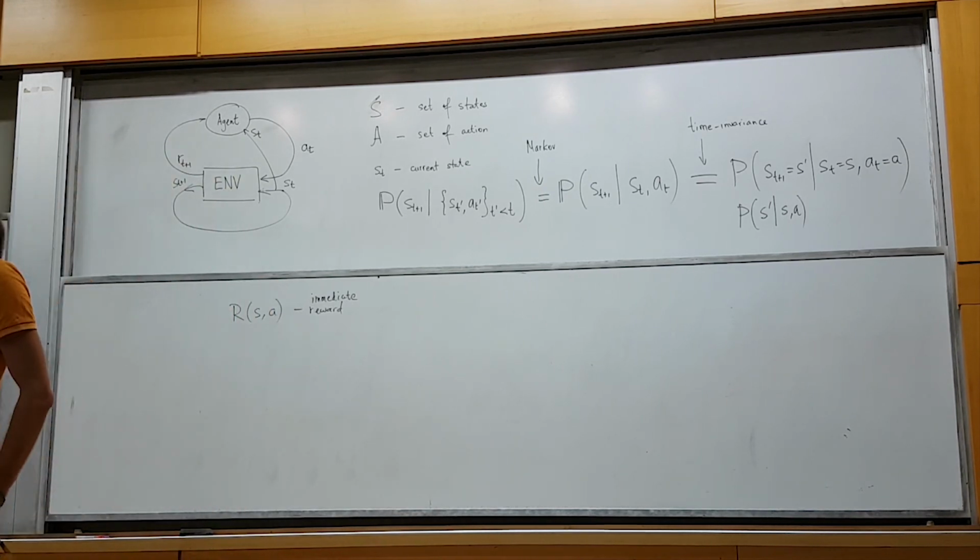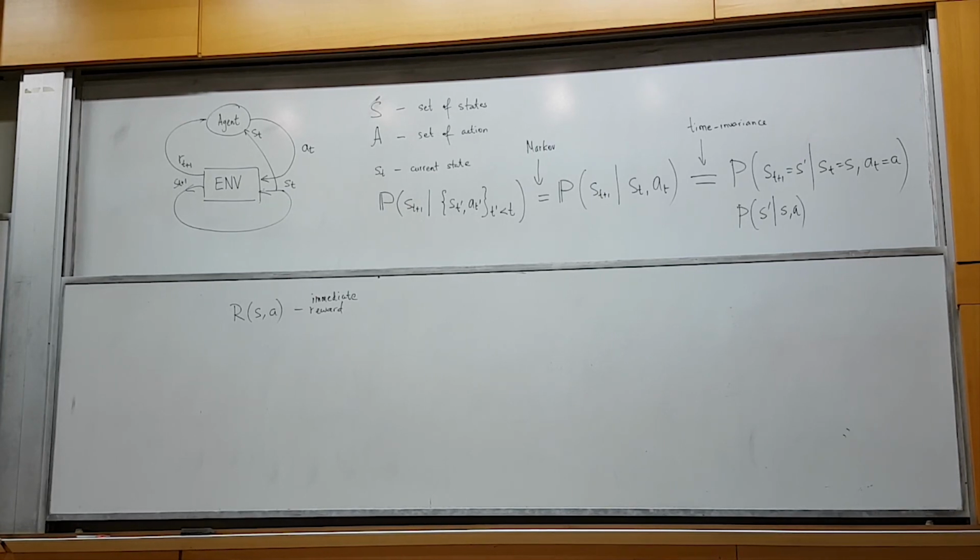For example, I might be getting a negative reward for every step that I'm doing because I want to win as fast as possible. But basically the major impact on the total reward, what is called the return of the game, is somehow counting all the immediate rewards.